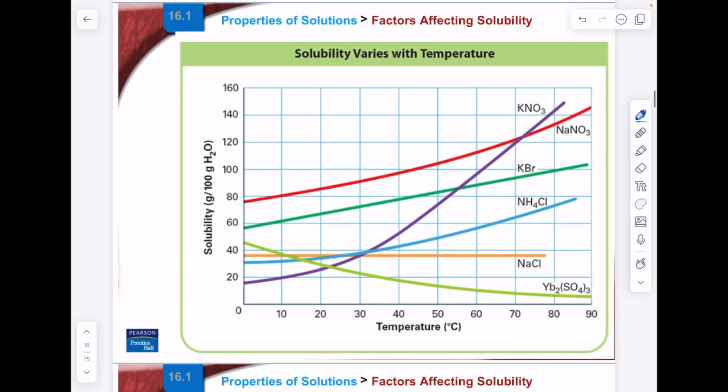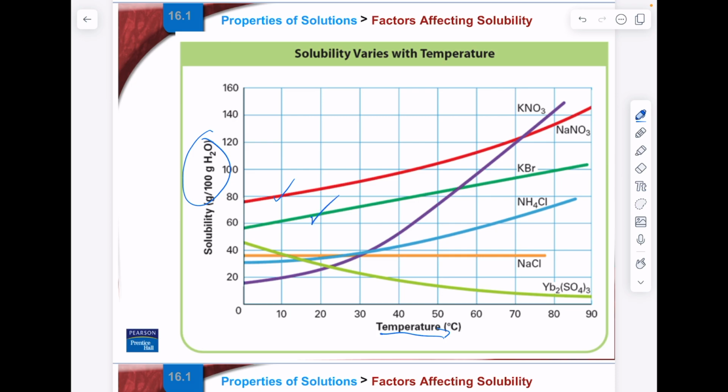Now, if we look at this graph of solubility of water per 100 grams, which is how we usually rank solubility, you can see that as the temperature gets greater and greater, most of your salts become more and more soluble. Sodium nitrate is very soluble because more than 1 gram of it will dissolve per 100 grams of water.